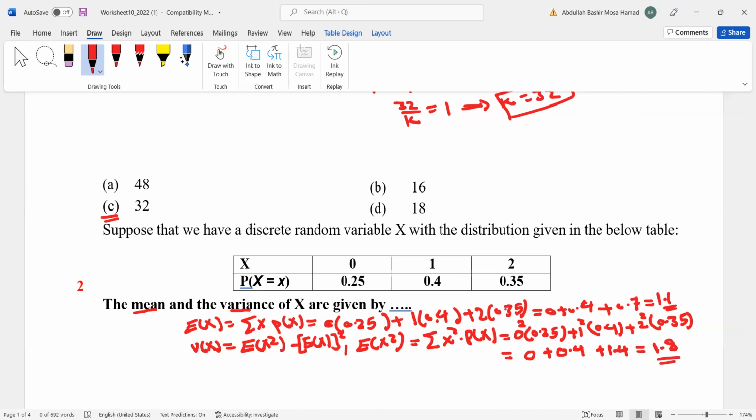Now for the variance of x, we use the formula: we got 1.8 minus, since the expected value of x is 1.1, minus 1.1 squared. 1.1 squared is 1.21, so 1.8 minus 1.21 is 0.59.